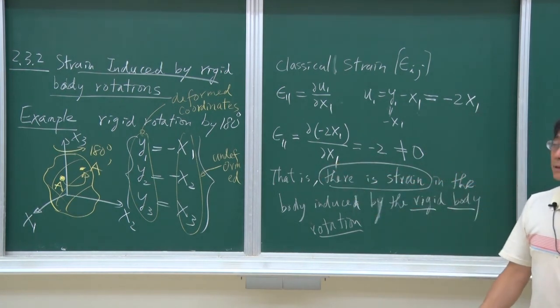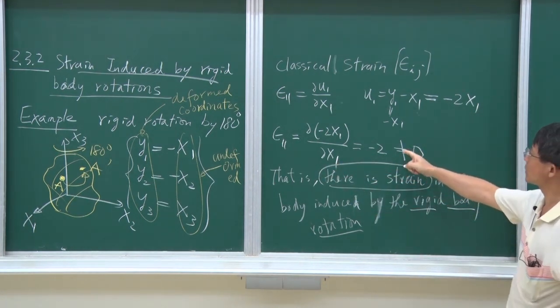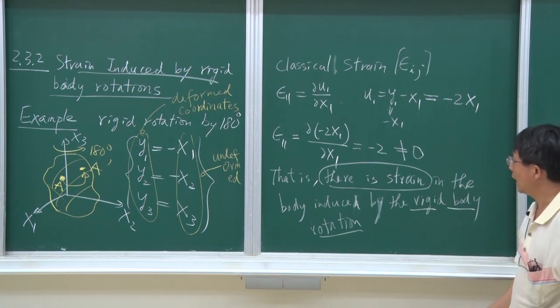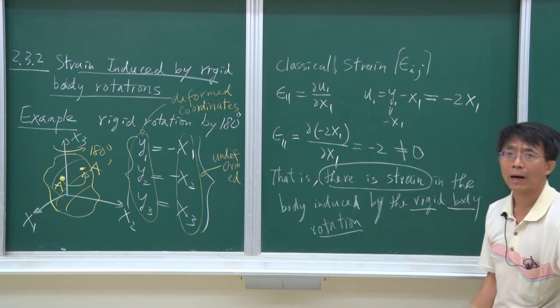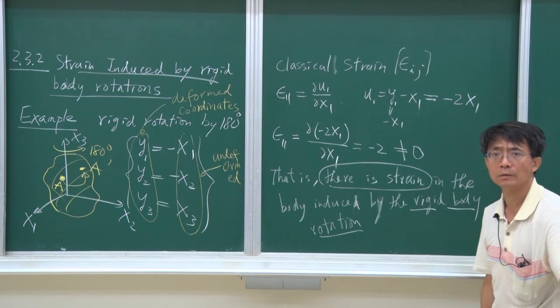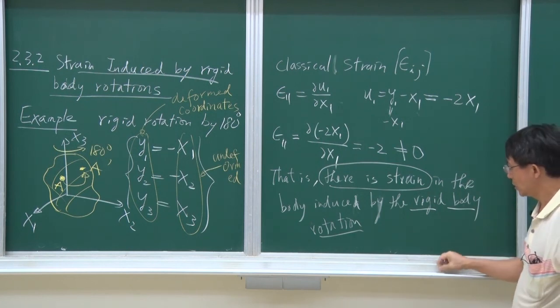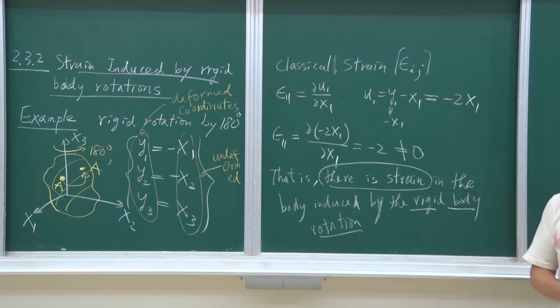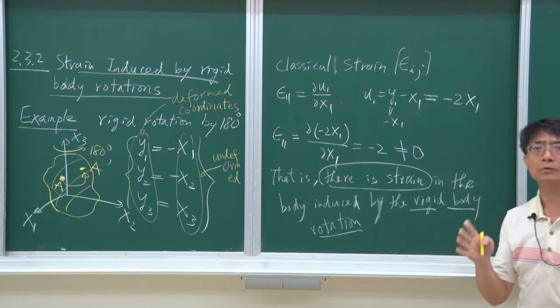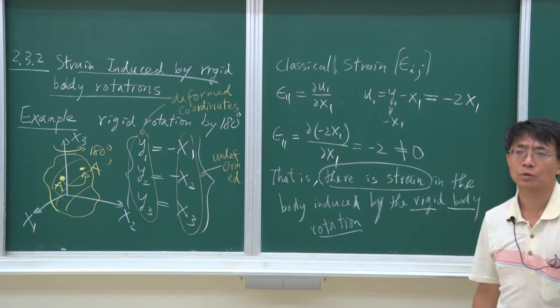As a result, we understand that the strain does not equal 0, which is induced by a rigid body rotation, of course it is wrong. Rigid body rotation should not induce any kind of strain.